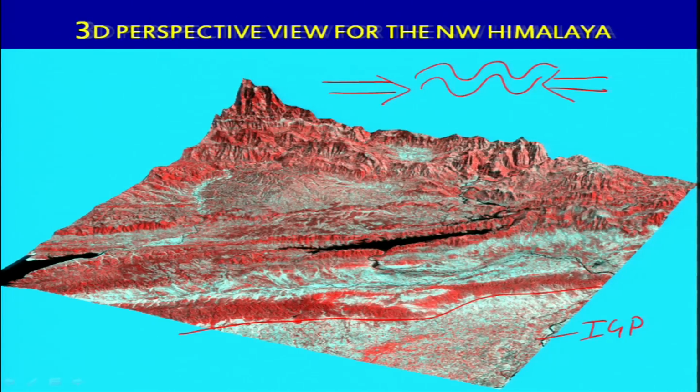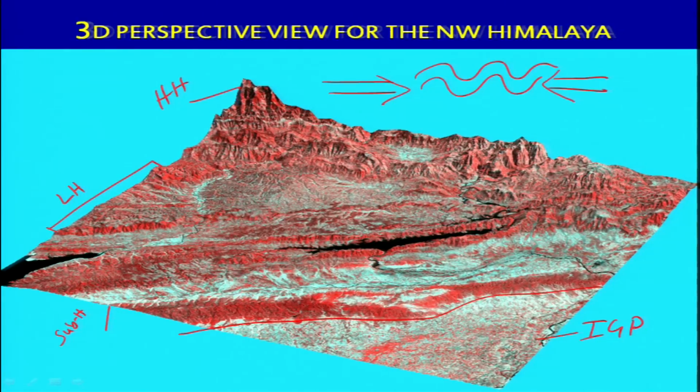Further, if you move here, you see a valley here, and then another mountain chain is coming up, okay, and so on. And then you are seeing the towering height. This is your higher Himalayas, and this portion which you see here is your lesser Himalayas, and this what we call is sub-Himalayas, that is the youngest mountain chain. And this blackish body which you see here is your Bhakra Nangal dam, okay.